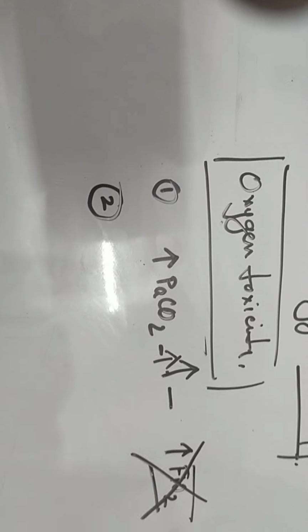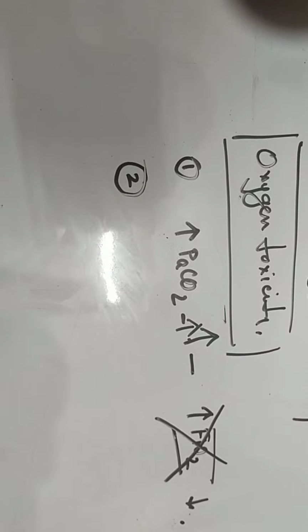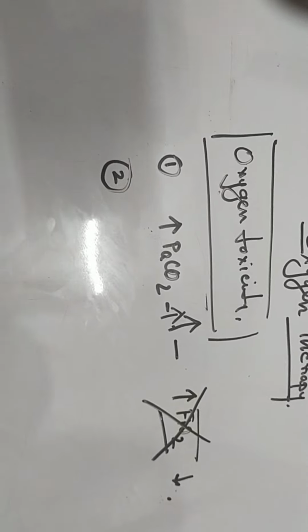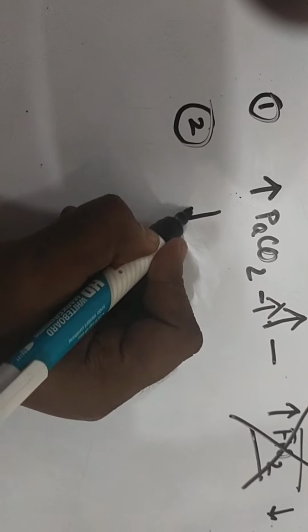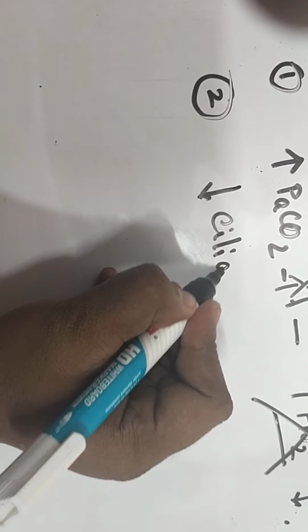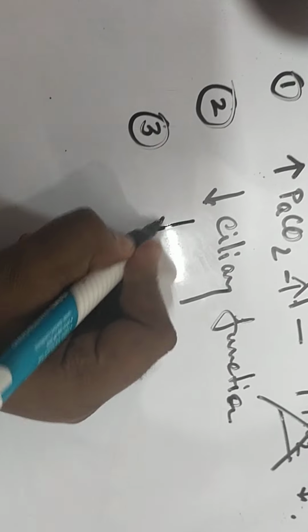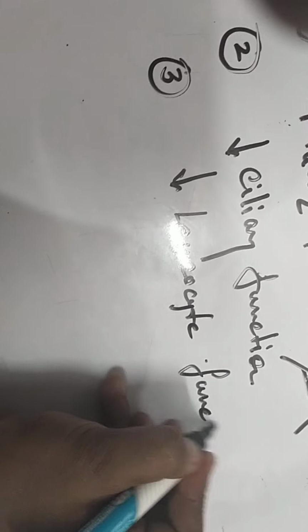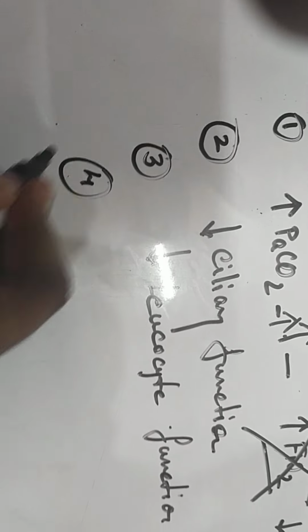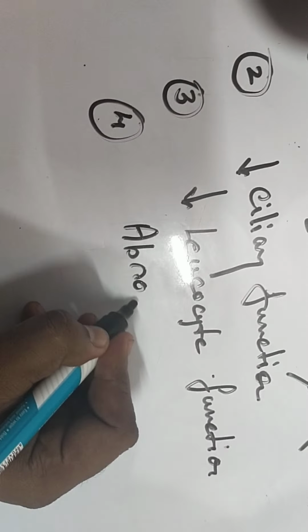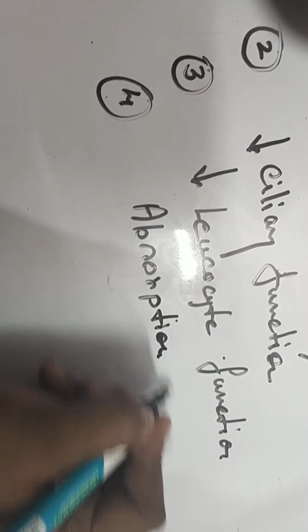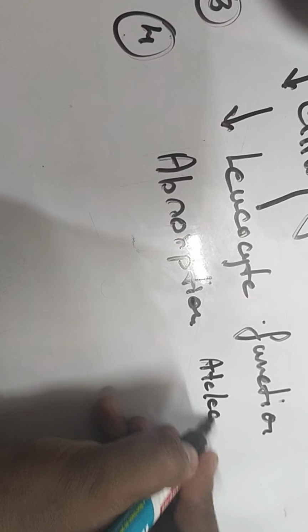Patients with high FiO2 will face some different problems: low ciliary function, low leukocyte function, and absorption atelectasis.